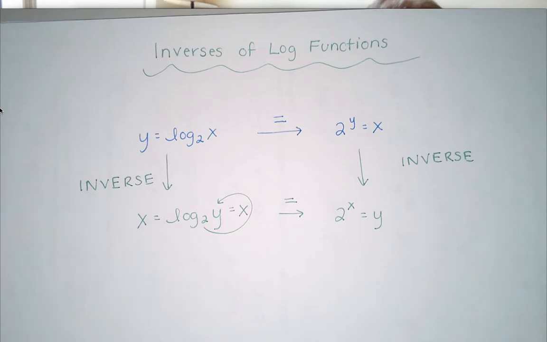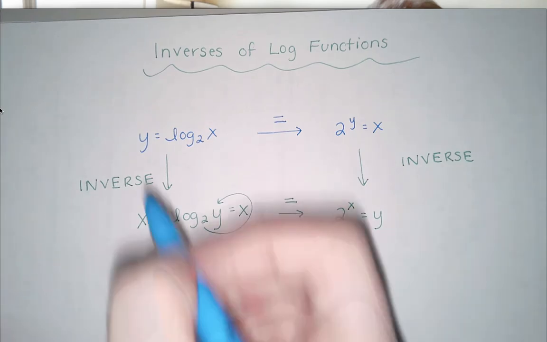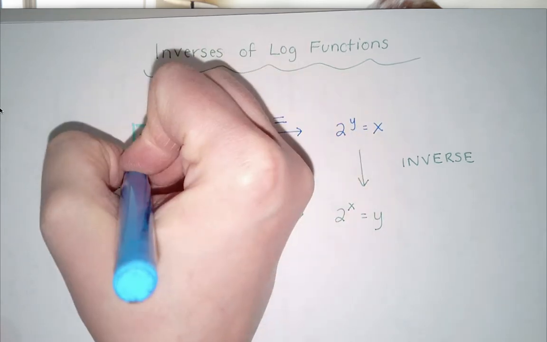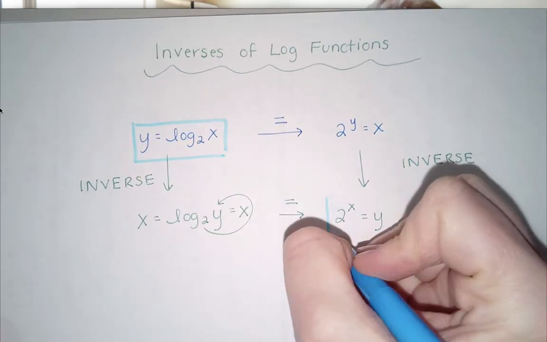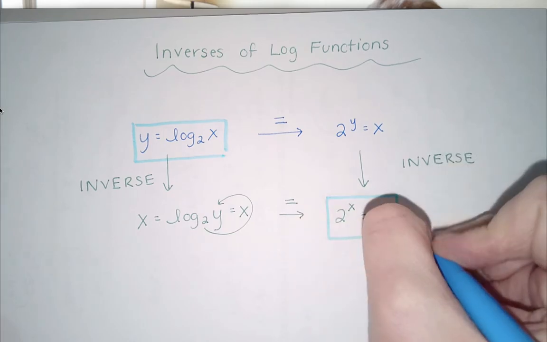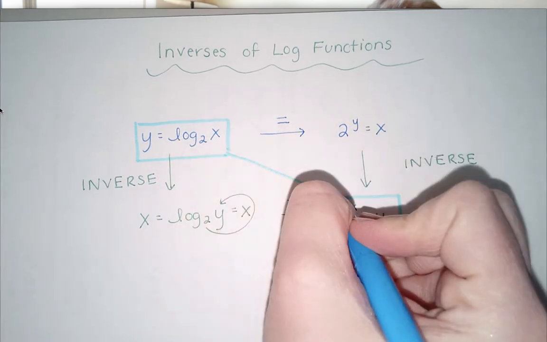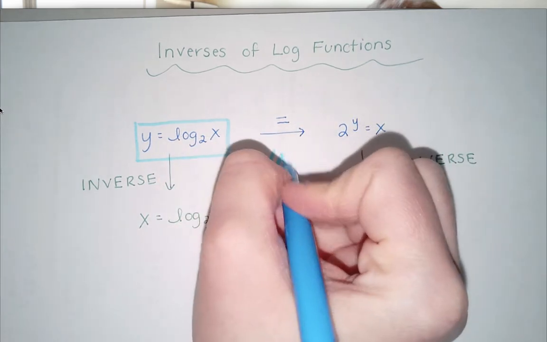The ones that I actually care about are the ones that have y by themselves. So I've got this log function, y equals log base 2 of x, and this exponential function. And what I really want you to take away is that these two are inverses of each other.